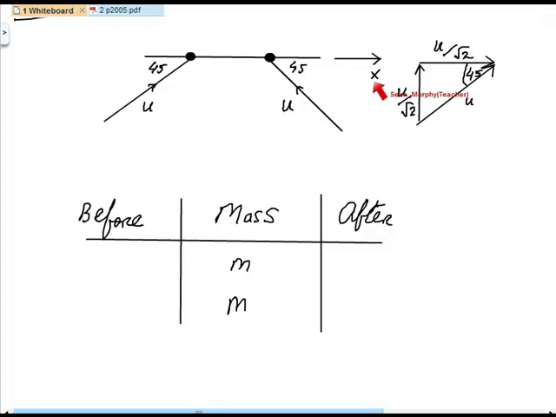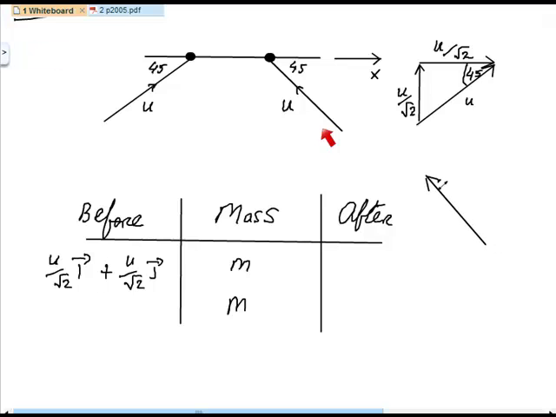And the next thing we do is we resolve in terms of i and j. So x corresponds to our i vector, and if you look at u coming in here, we see that it's u over root 2 along i, plus also u over root 2 in the j direction, or the y direction. And by symmetry, the magnitudes are the same for this vector. Now, we have to be careful though with this one, because if you resolve this u, there will be a component. Actually, let's show it just to be absolutely sure.